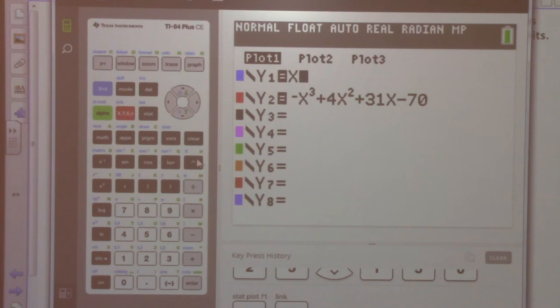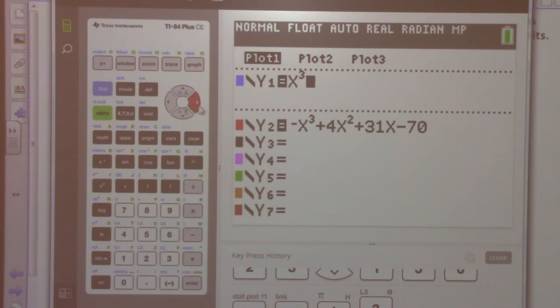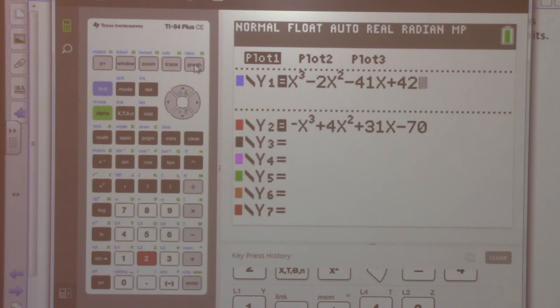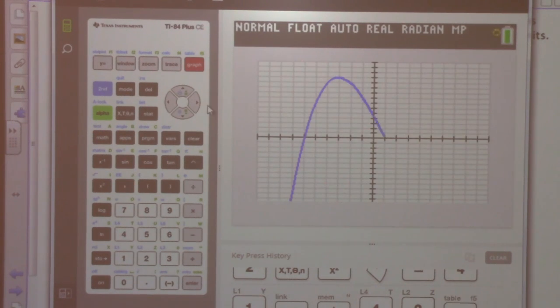X cubed minus 2x squared. And that's going to be minus, is it 41x? Yeah. Plus 42? And then we graph, we get, that's going to be the blue one. And is that one working here, the blue one?